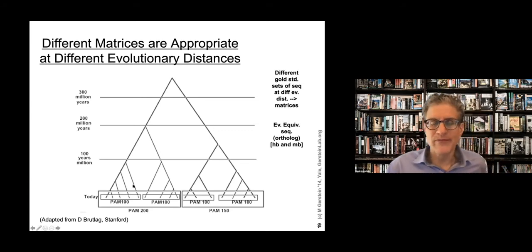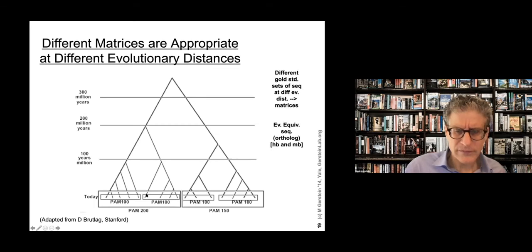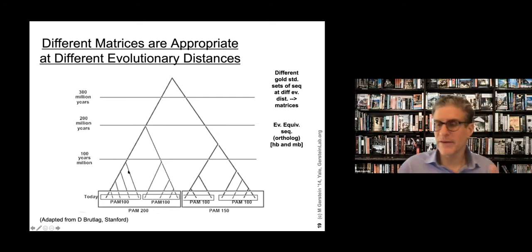One of the first people to look at this particular problem coined the PAM terminology, point accepted mutation. You'd have, for instance, PAM 100 to describe a matrix for fairly similar things, PAM 200 for farther away, and so forth.